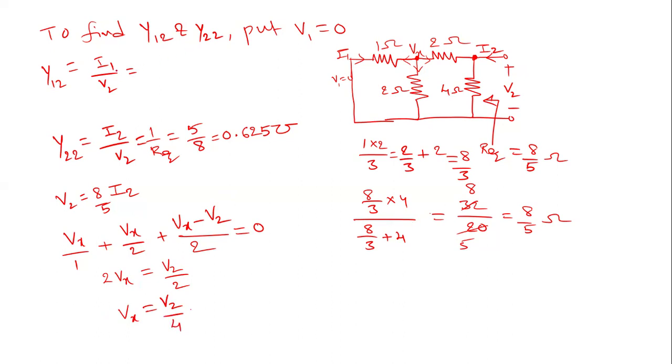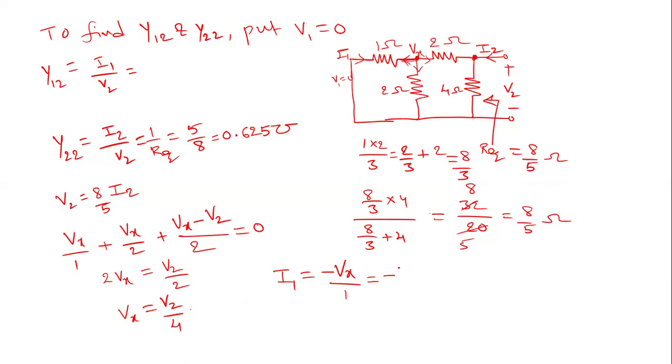Now what is the relation between I1 and Vx? I1 is the current flowing in this direction, but we have already seen that Vx by 1 is the leaving current from this node. So I1 is minus Vx by 1, that is, I1 is minus Vx.